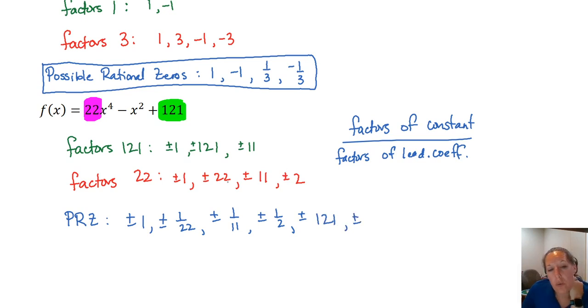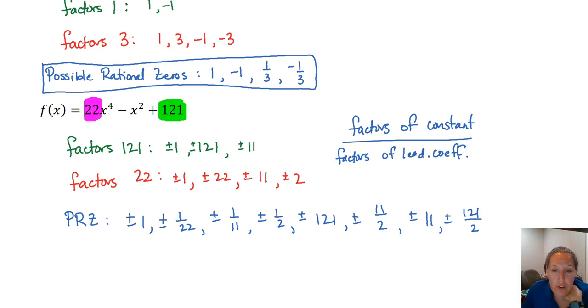And then 121 over 22 is going to reduce to 11 over 2. 121 over 11 reduces to 11. And then 121 over 2.